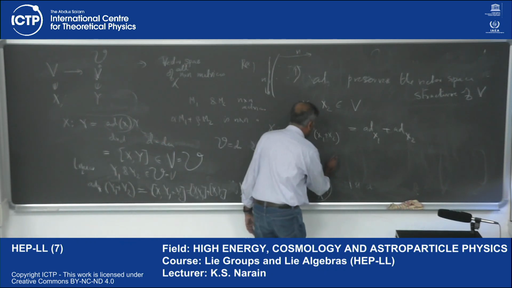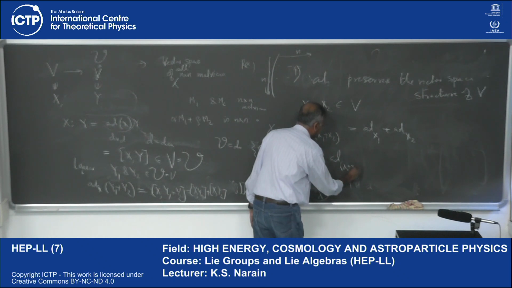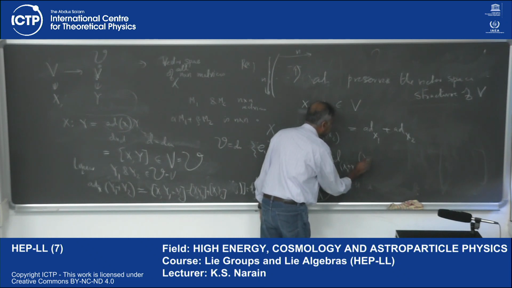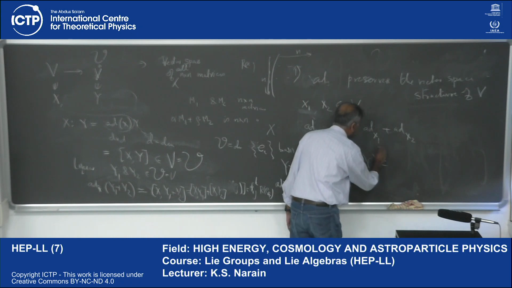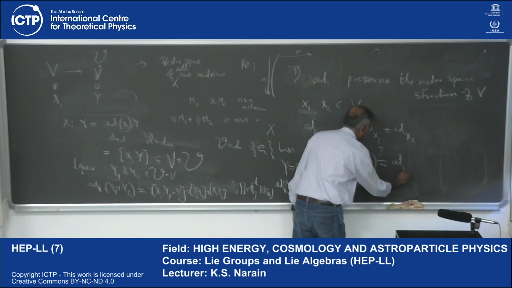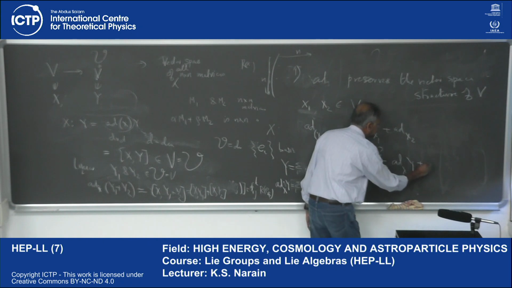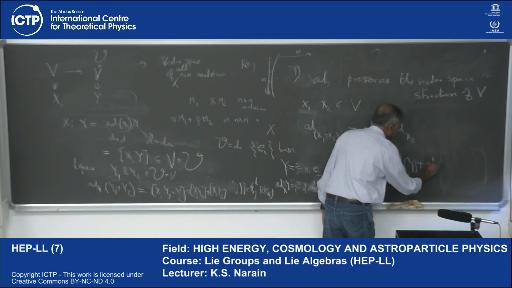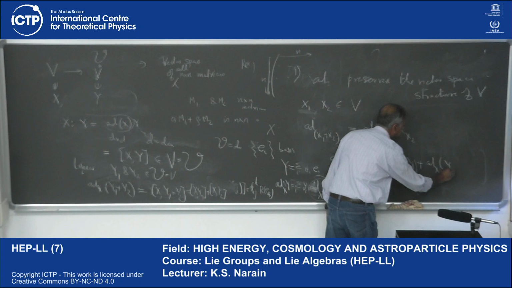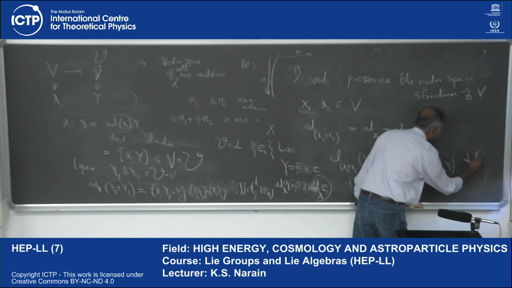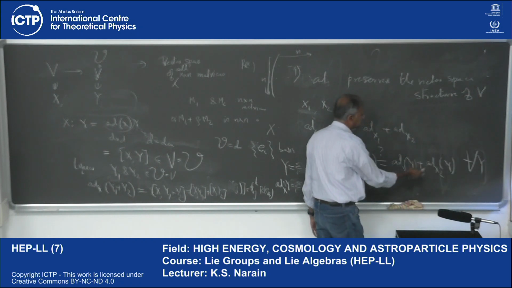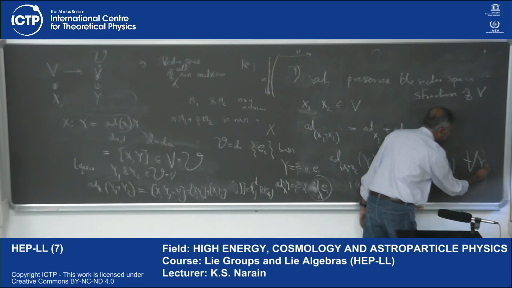So the question is, add of x1 plus x2 acting on y, is it equal to add of x1 acting on y plus add of x2 acting on y? For all y, I mean, it should not be just for some particular y, this should be true for all y.